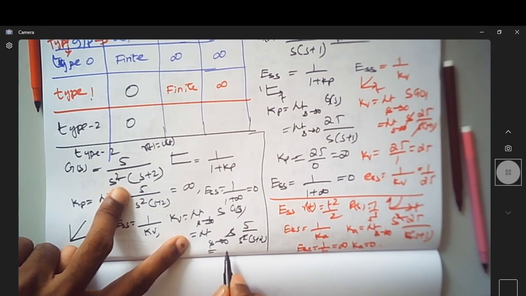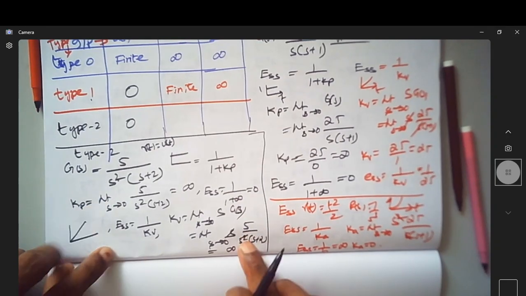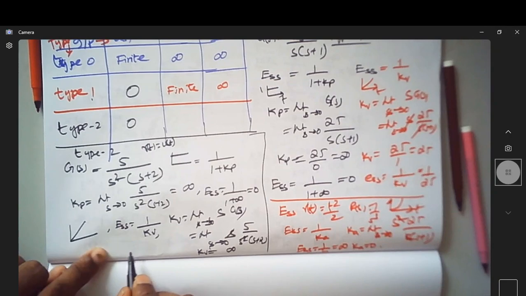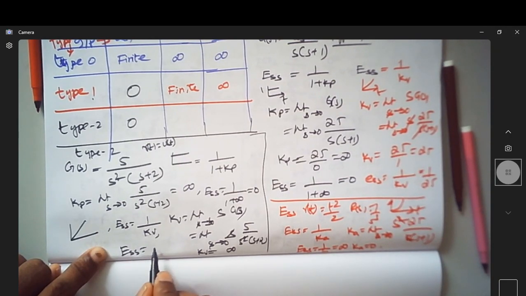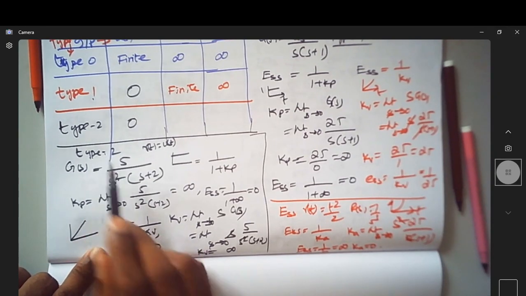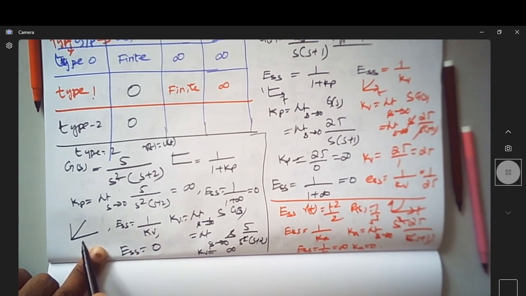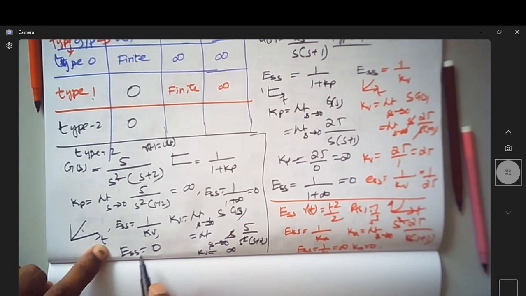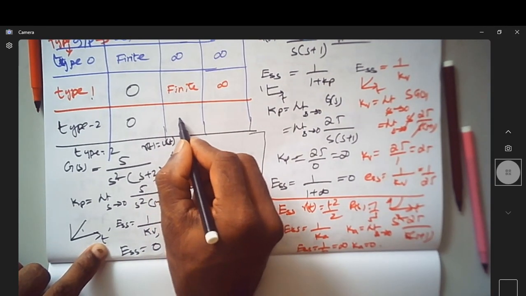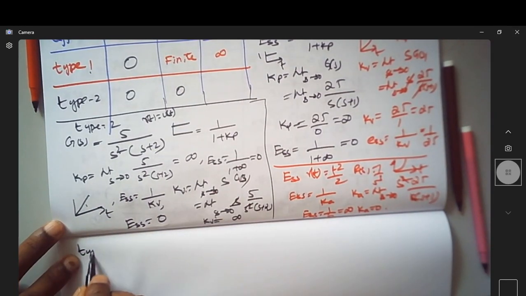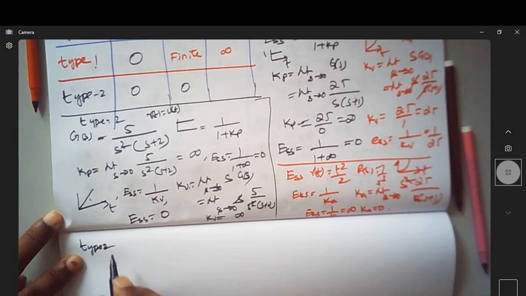So this will again become infinite, because 5 by 0 is infinity. So this is Kv, which is infinity. So naturally ESS will become 0. So for a type 2 system, if the input is a ramp, we'll end up with the ESS of 0.